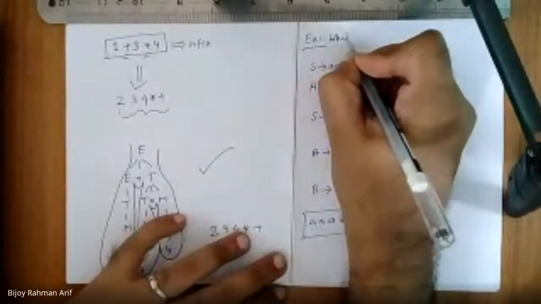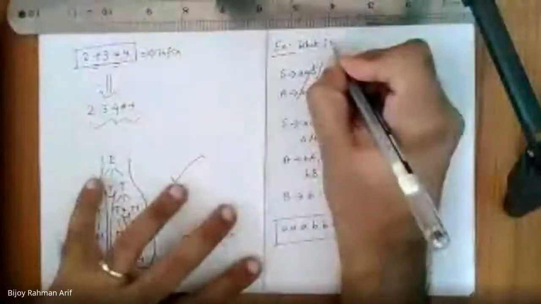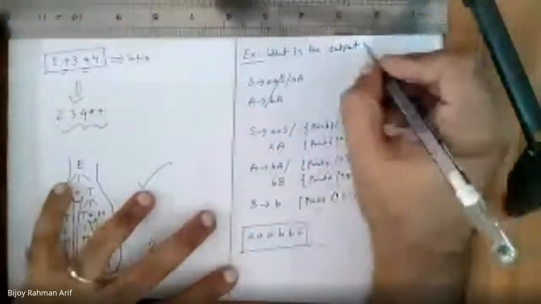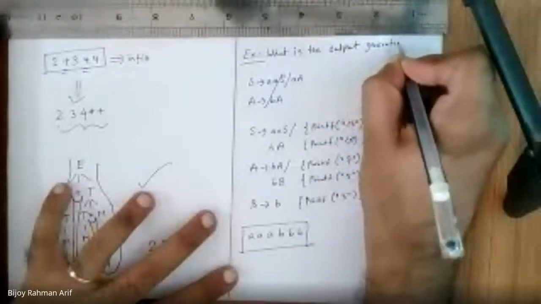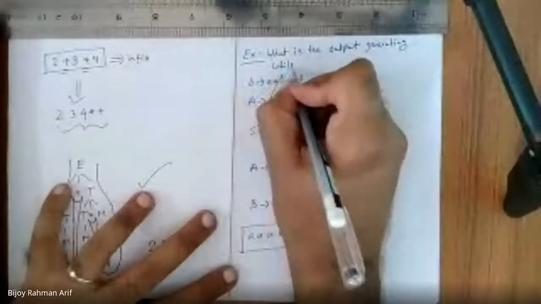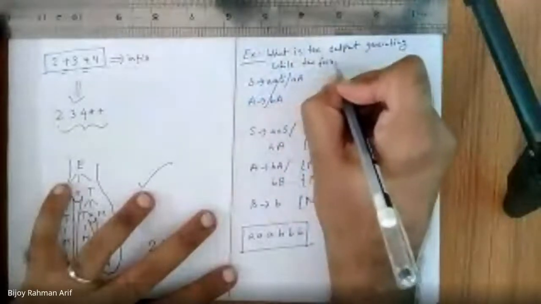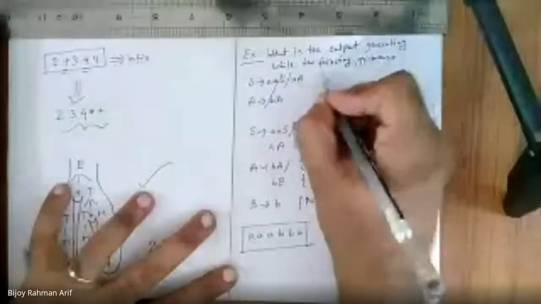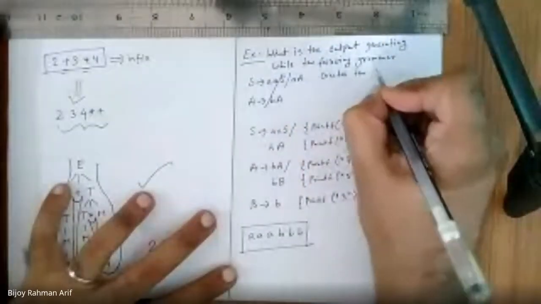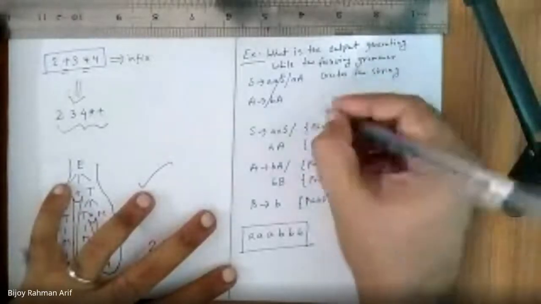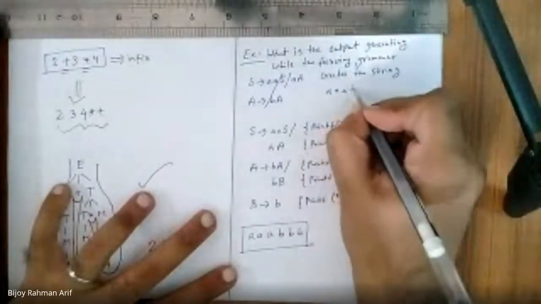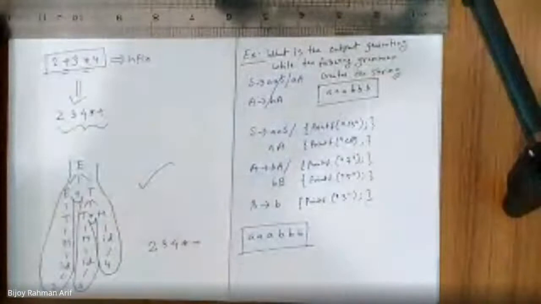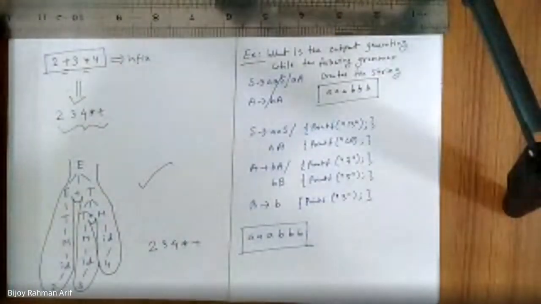What is the output generated while the following grammar creates the string triple A, B B B? Is the question clear to you guys? What is the output generated while the following grammar creates the string triple A?